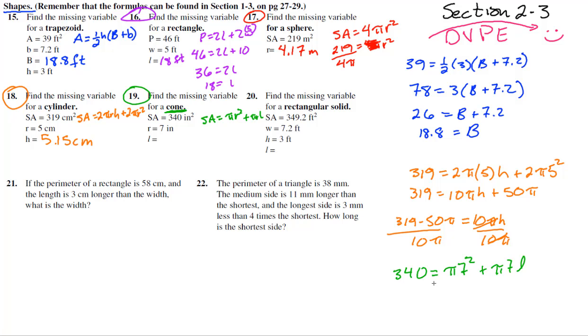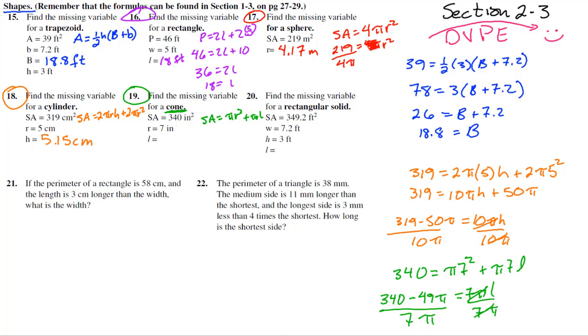Nope. Any parentheses? Nope. Multiple L's? Nope. So yeah, we're going to subtract this guy off. So 340 minus 49 pi. Good. That guy gets subtracted over. And then that's going to be 7 pi L. So divide off the 7 pi, and that's what our L is.